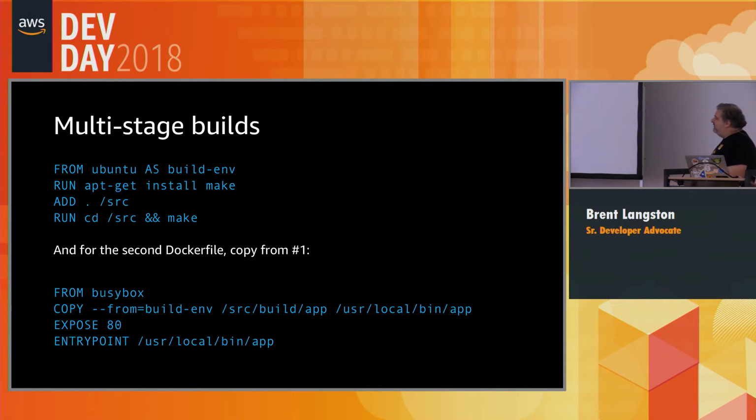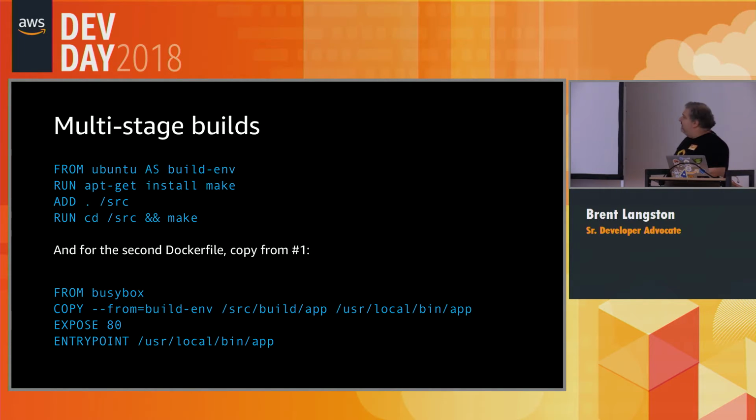So here's an example of doing a multi-stage build. You see that I'm starting FROM Ubuntu, 458 megs or whatever it was, as build-env, and I'm installing with apt-get, installing make, and then adding my source, running my build.